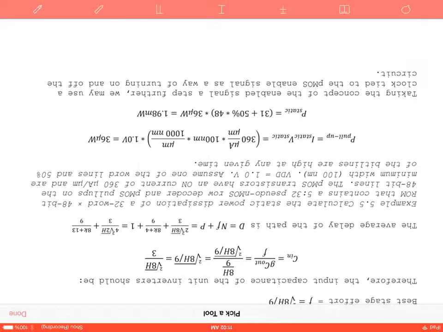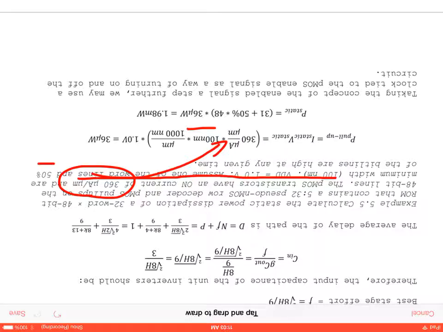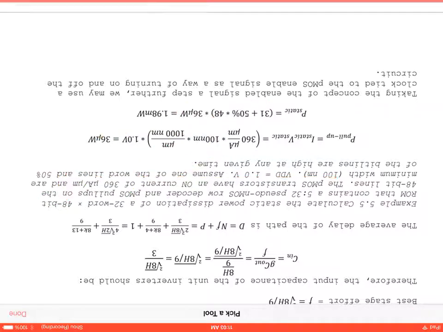We used our power equations and our knowledge of our PMOS, that we have a PMOS on current of 360 microamperes per micrometer, and we have 100 nanometer wire. 50% of the bit lines are high, so 30% of 48 times 36 microwatts.